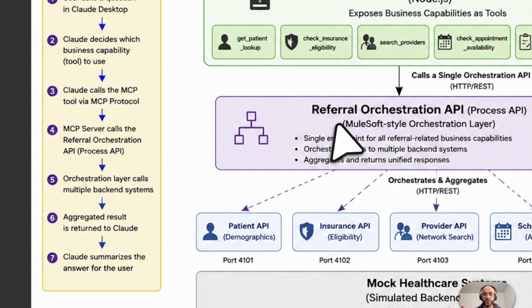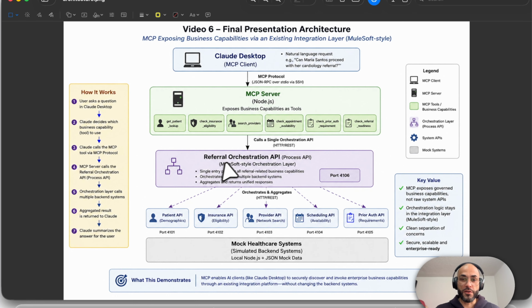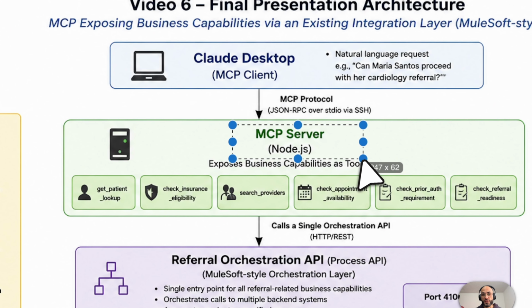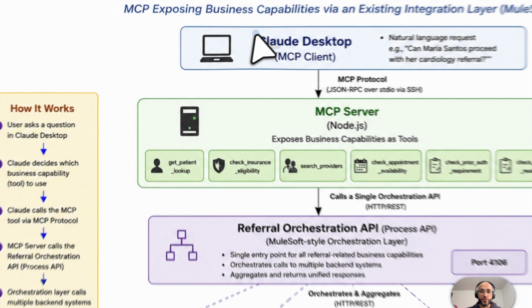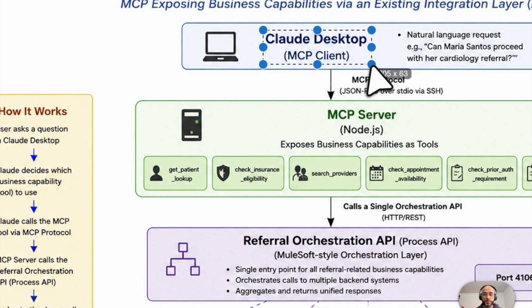So we're going to have an orchestration layer which will be called by our newly added MCP server. Again, our application is based on Node.js. We're adding an MCP server, which is basically doing a function for searching exactly what the client wants. And the client in this case is going to be Claude Desktop.